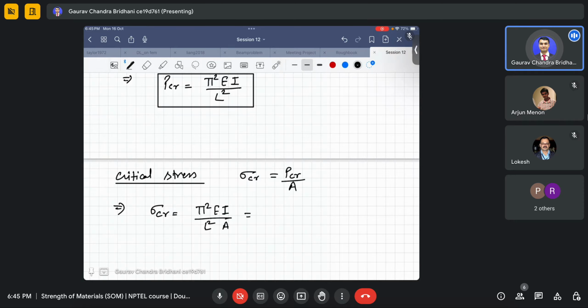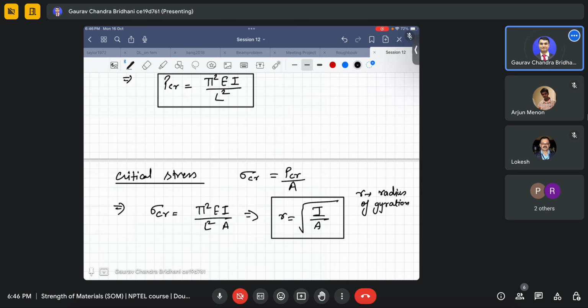Now this term I by A is nothing but a representation of the geometry. It doesn't have any other term, only geometric terms are involved. So we define this I by A as r square, and we call r the radius of gyration.